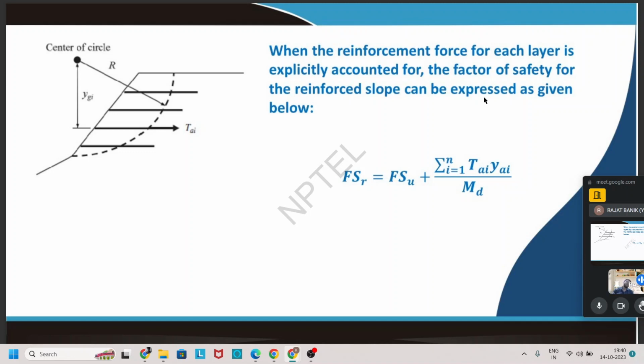This summation of T_i into y_i is the resisting moment.